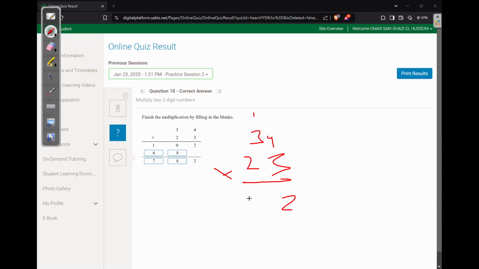That's 9. And 1, 0, and then we add that 0. And now 2 times 4 is 8, and then here. And now the answer is 6, and then here. Plus, and now that's a 7, 8, 2. And here's the answer for it. That's how we put it.